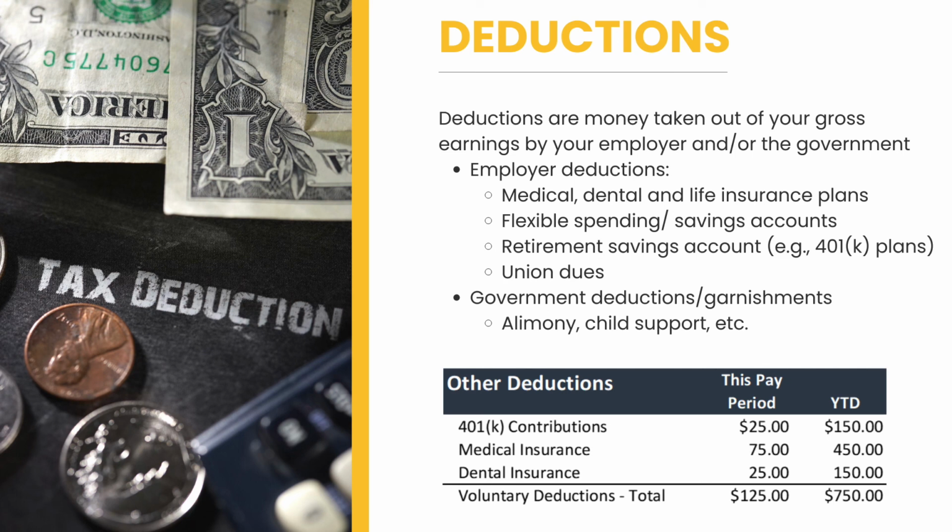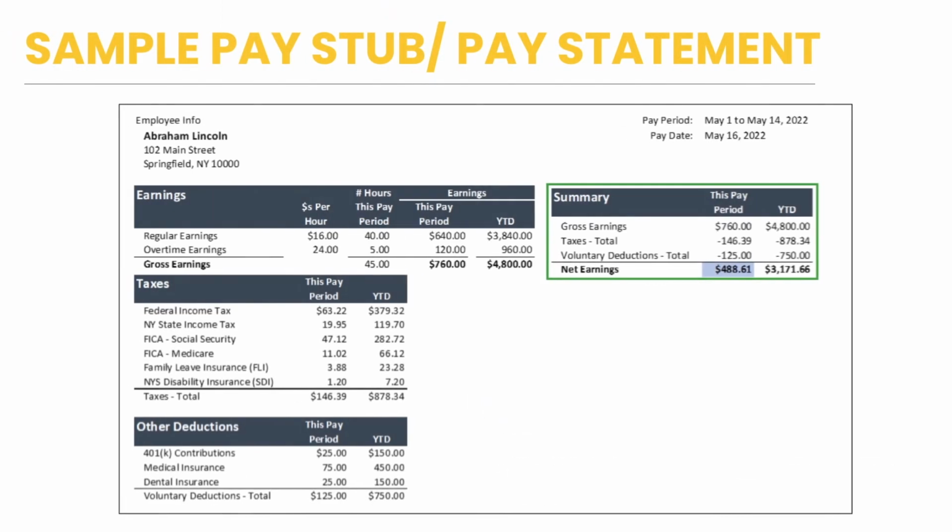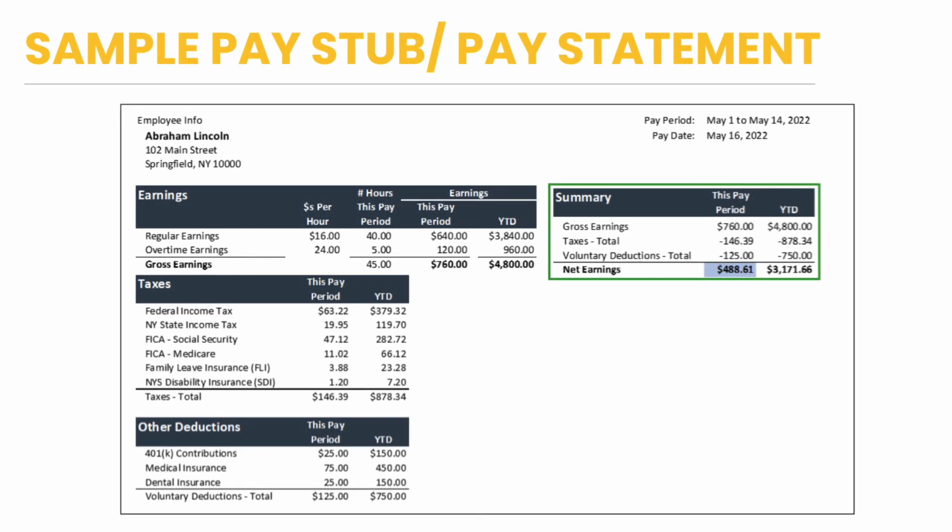This second group applies to a relatively small number of people, so you might not see these on your paycheck. Like with gross earnings and taxes, your pay stub or pay statement is going to display the different types and amounts of your deductions, both for that paycheck or pay period and for the whole year to date.